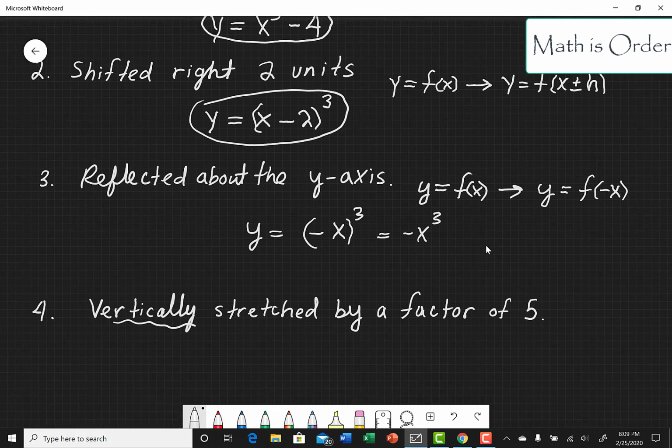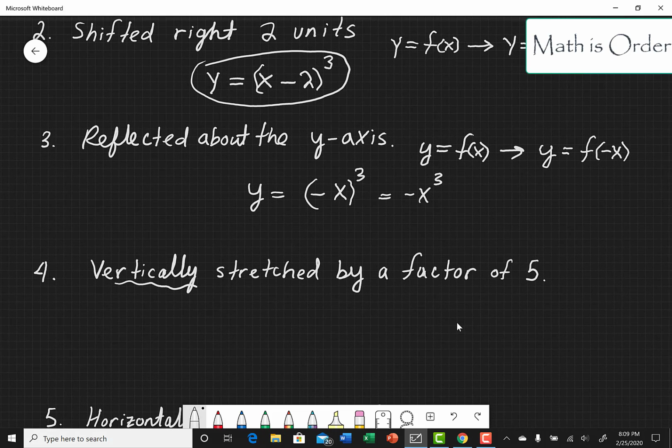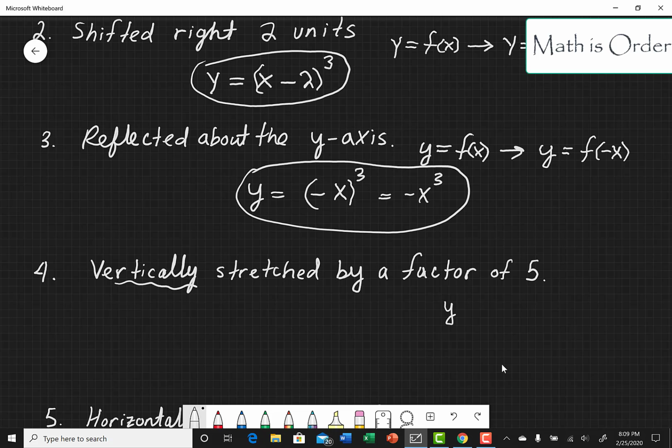All right, and then next, here we're doing a vertical stretch by a factor of 5. So anytime you got a vertical stretch, you take an original function, say y equal f of x, and you're transforming that to y equal a f of x.